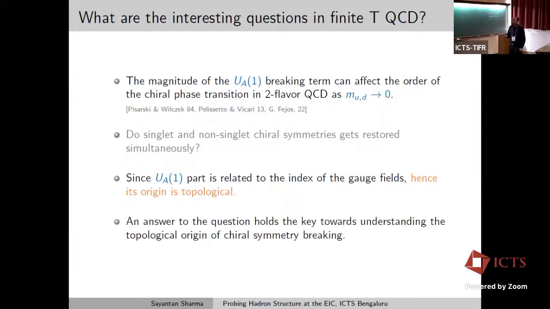And that's why, as I mentioned, the answer to how and when this UA1 breaking happens or is effectively restored can give us answers to more fundamental questions like the topological origin of the chiral symmetry breaking. And this is how I plan to go towards the EIC, because there also we see hadron masses, and we would like to see what are the definite topological objects that cause these breaking.